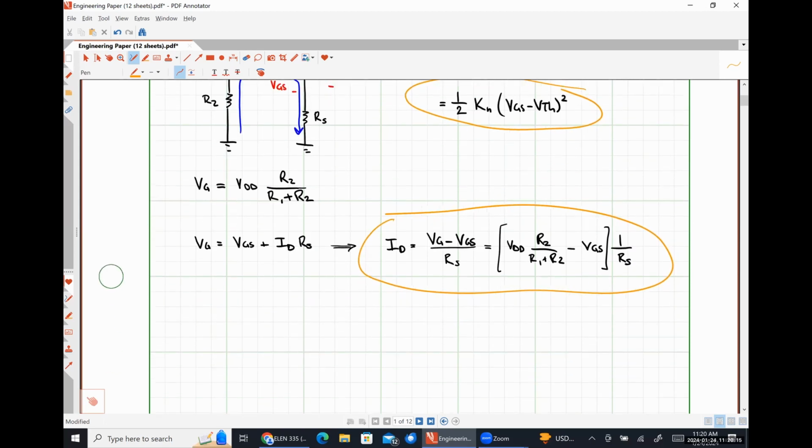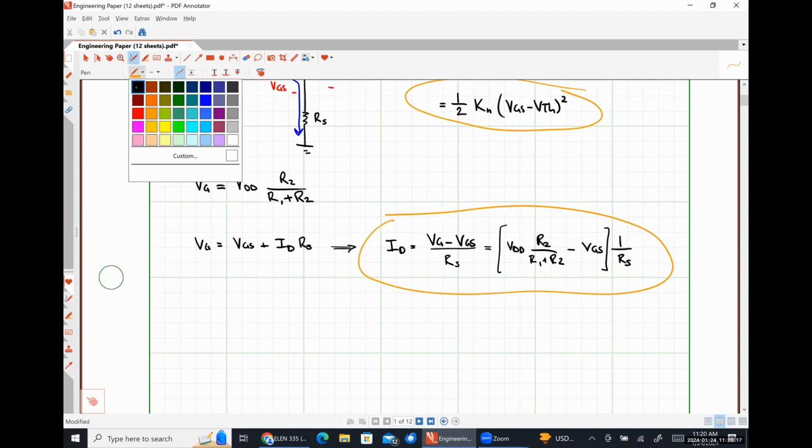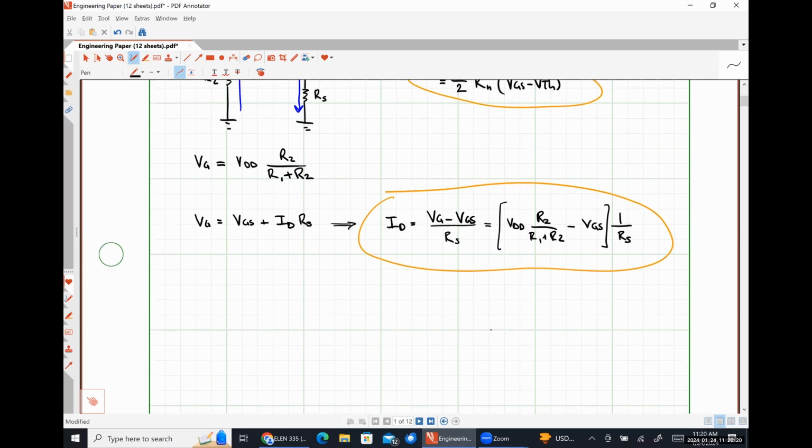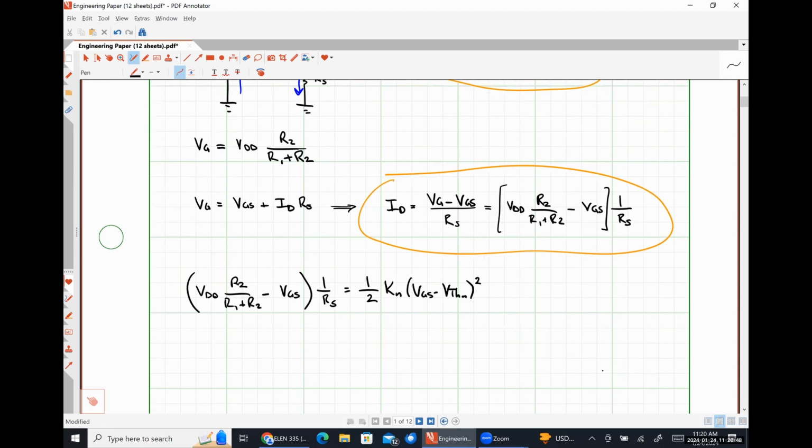So if we set those two relationships equal to each other, we wind up getting VDD times R2 over R1 plus R2 minus VGS, all of this multiplied by 1 over RS, is equal to 1/2 times Kn times VGS minus VTHN squared.